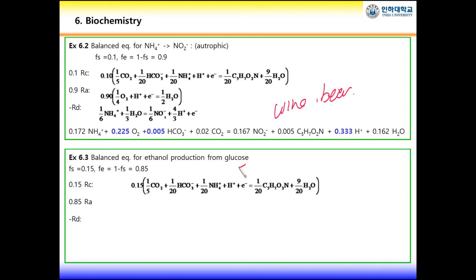means, what is the electron donor? And what's the electron acceptor? The electron acceptor is carbon dioxide, and carbon dioxide is converted into ethanol.